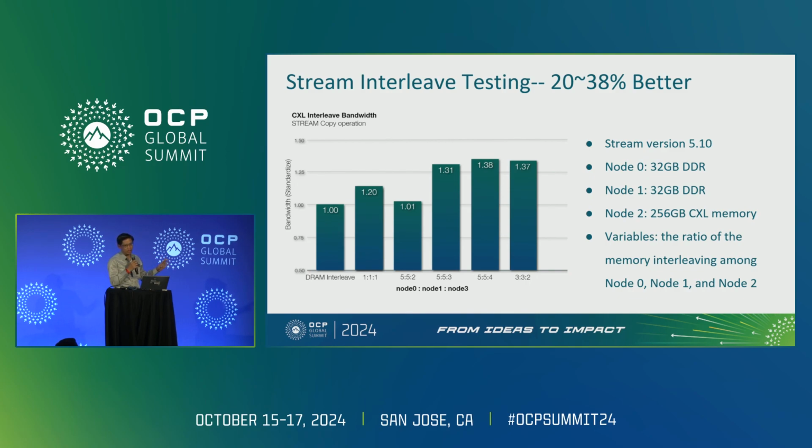So each socket has its own 32 gigabyte DDR, and then we assign one 256 gigabyte CXL memory and do the interleave. You see that if you use the CXL memory, you get better performance, roughly 30% more bandwidth compared to DDR only.